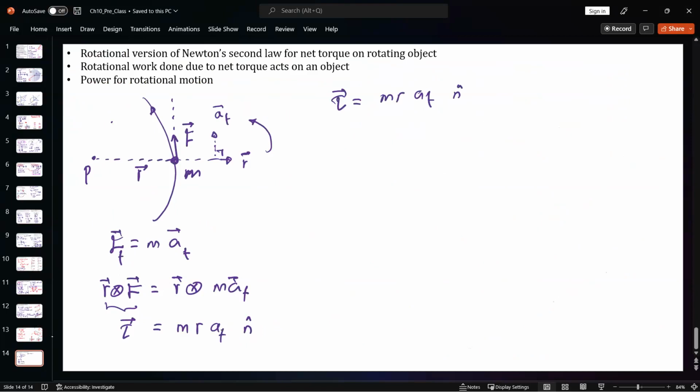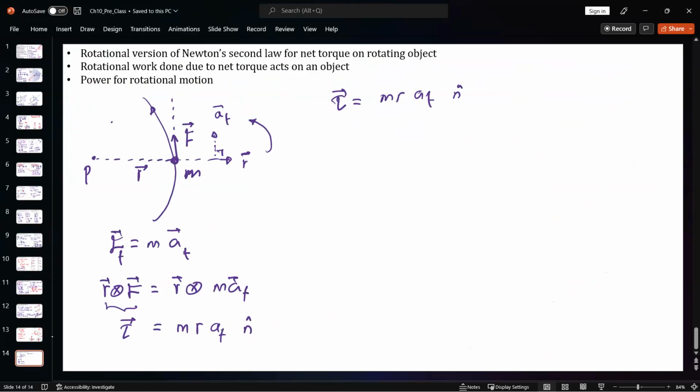On the other hand, if you remember previously, if an object has a tangential acceleration, it already has what we call the angular acceleration, right? Angular acceleration is the one that actually produces this tangential acceleration.